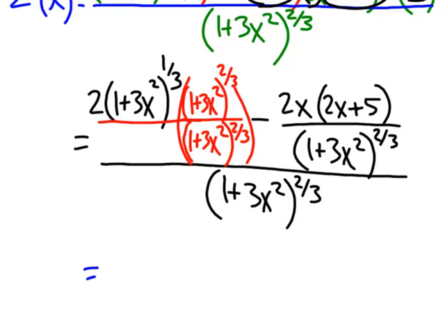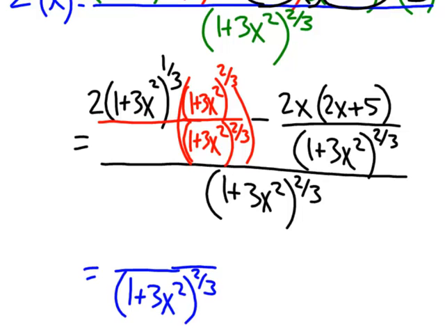We have our denominator, so let me start with the denominator. This is the denominator I'm referring to. Let's start with that. 1 plus 3x squared to the 2/3 power. And up top here, this cleans up nicely to just 2 times 1 plus 3x squared quantity.